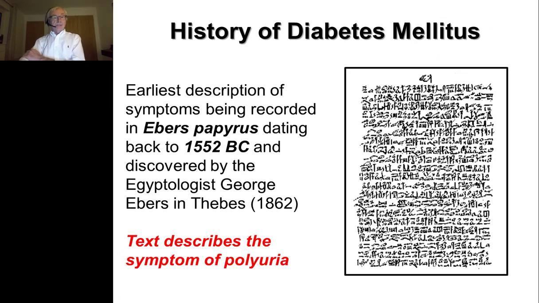Diabetes has been with us for many, many years. Indeed, we can look at this papyrus from ancient Egypt dating back to 1500 BC, where the text described the classic symptoms of polyuria seen with diabetes.